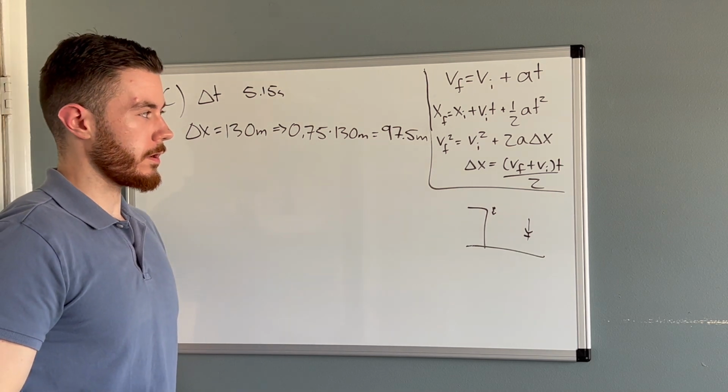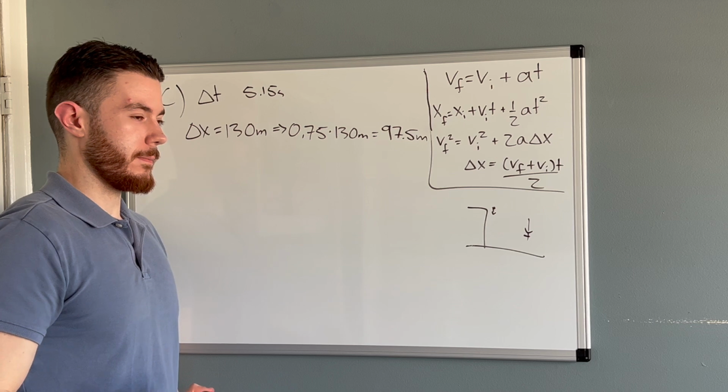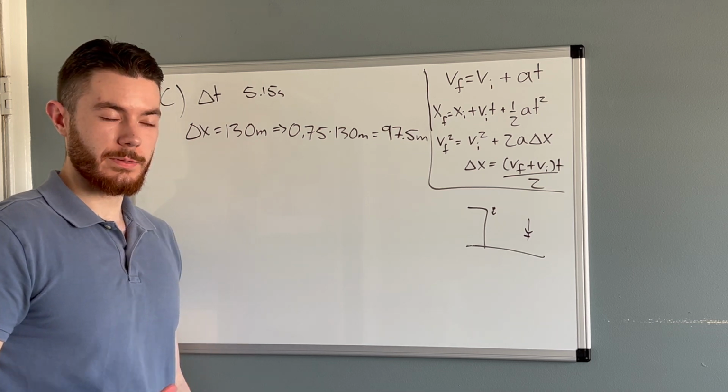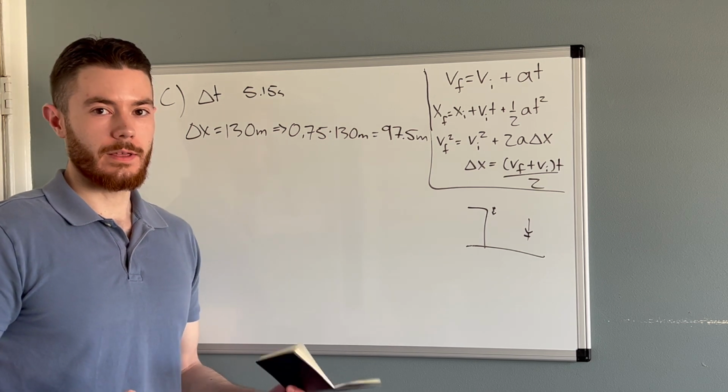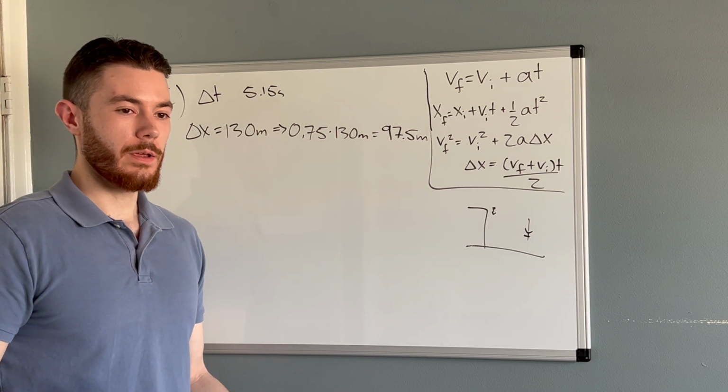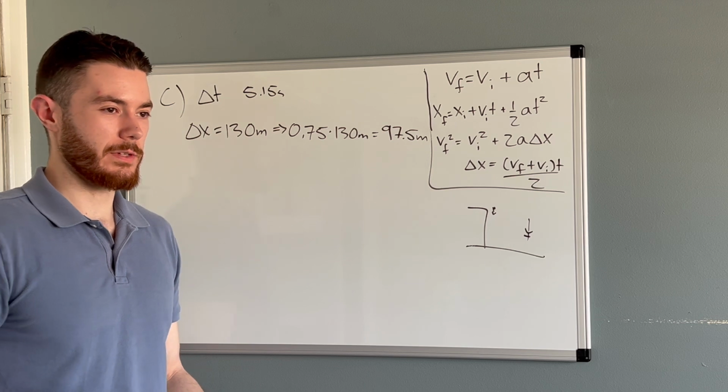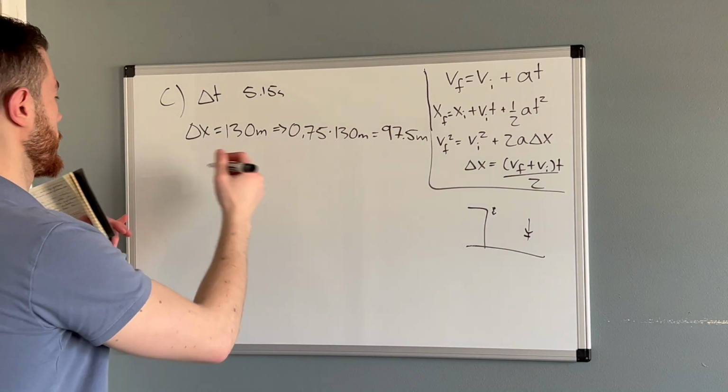Of course, the hammer is going to be traveling slower in the top 97.5 meters than the bottom 97.5 meters, because it'll accelerate as it falls downward.